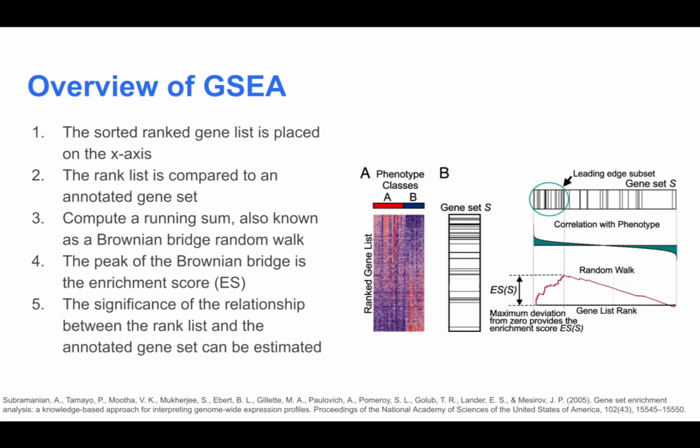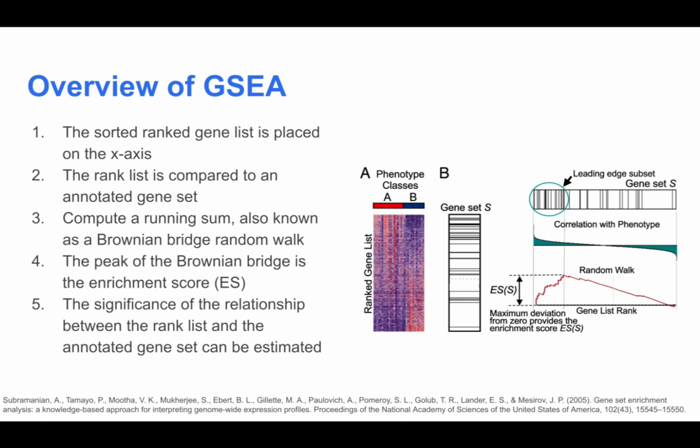This is a brief overview of the steps. I'll go into a little bit more depth about some of these steps later on, so you don't need to try to write all this down right now. But essentially, you can look at the figure on the right, and you'll see that you have some sort of ranked gene list that you've obtained from, maybe, a study that looks at two different phenotype classes, A and B. And then you want to compare the genes that you've ranked in that signature with some comparison or annotated gene set S. And essentially, you'll compute a running sum, or a Brownian bridge, or random walk plot.